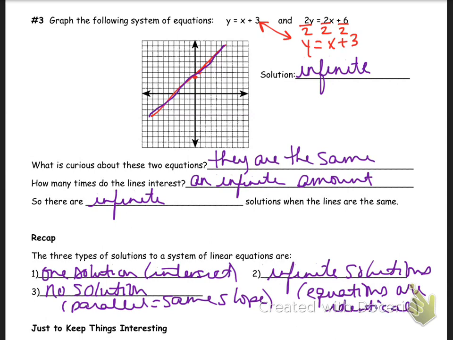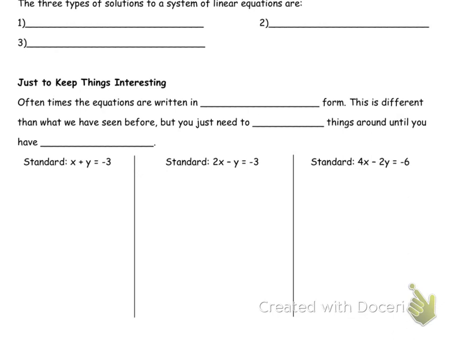All right. So what I'd like you to look at down here, we've been working on standard form. This is a review. Oftentimes, equations are going to be written in standard form, and when we start doing word problems, we're going to find that standard form is the most common way to write an equation for real world. This is different than what we've seen before, so you just need to move some things around.